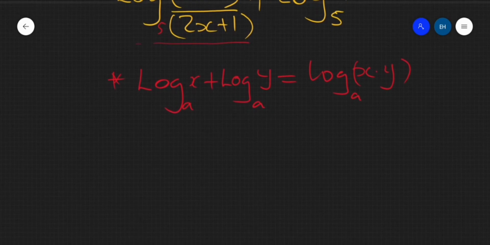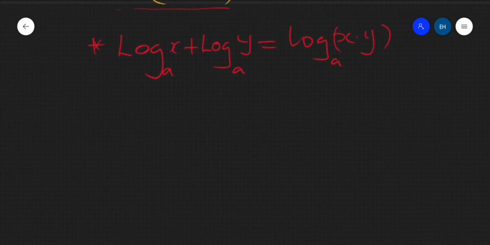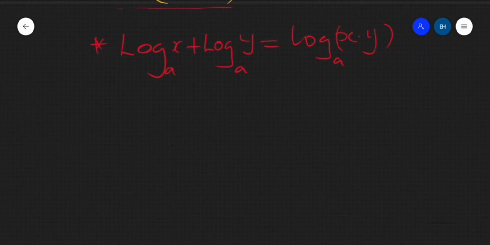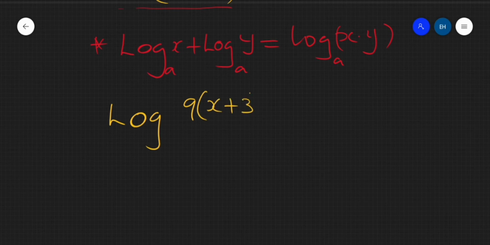So we end up having log 9 times (x plus 3) all over (2x plus 1), base 5, remember, is equal to 1.